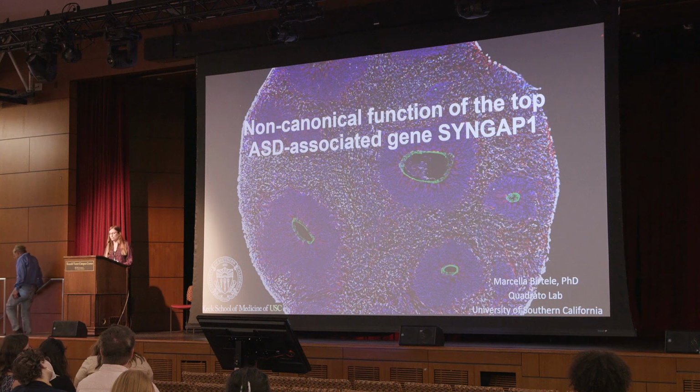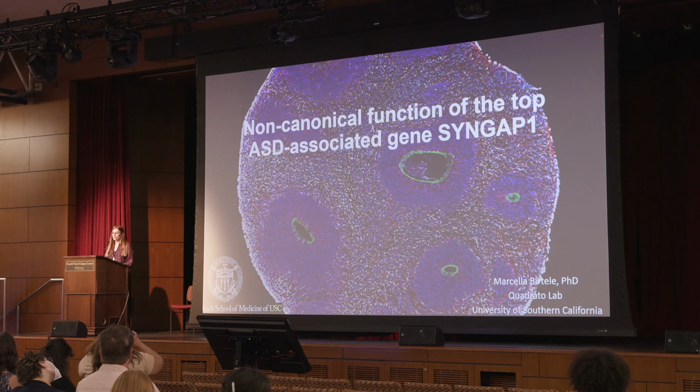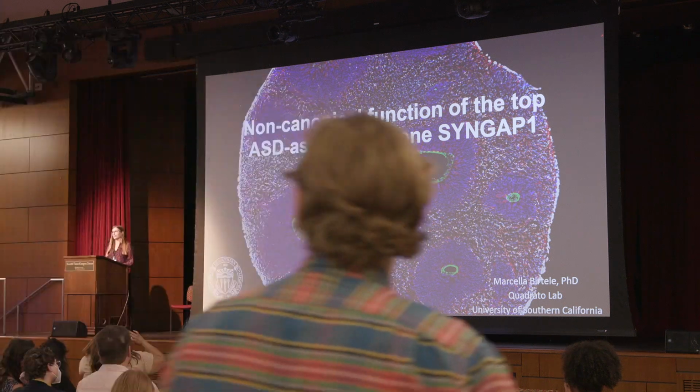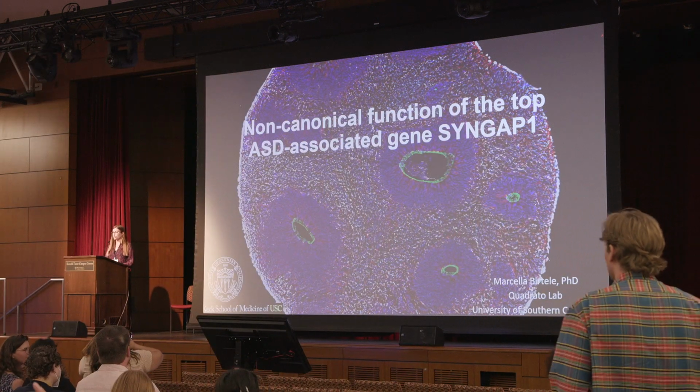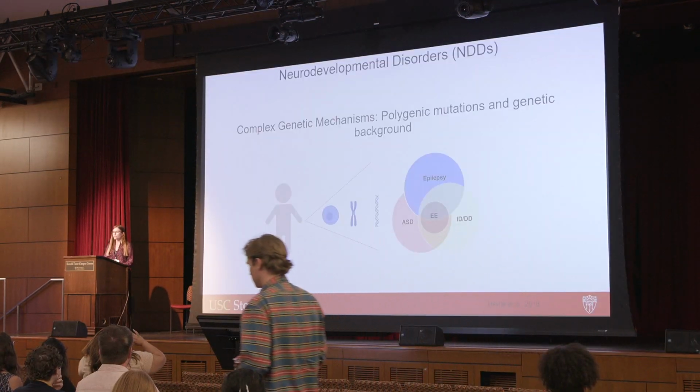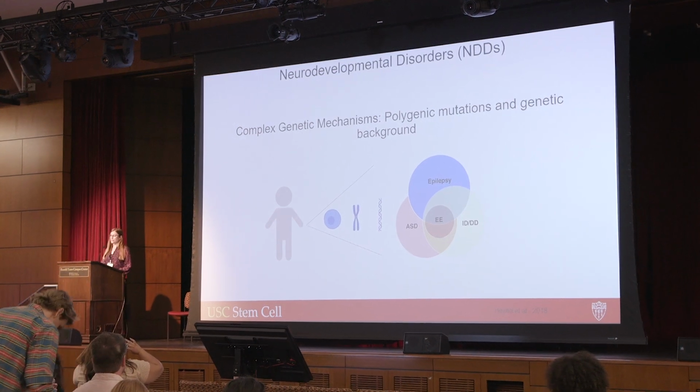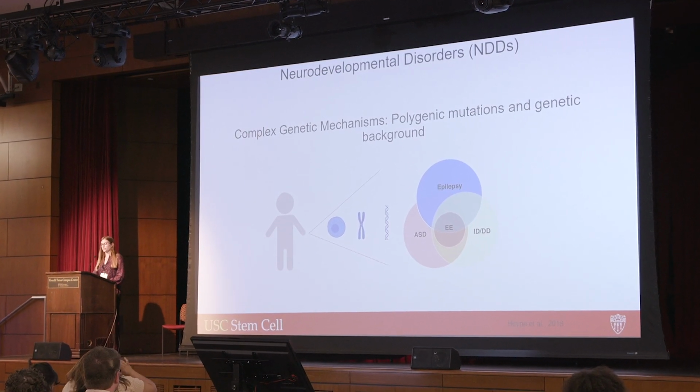Hi, everyone. It's a pleasure for me today to talk a little bit about my postdoctoral project that I'm conducting here at USC in the Quadrato Lab. So my focus is around neurodevelopmental disorders.